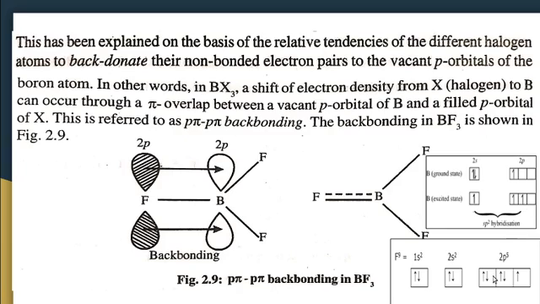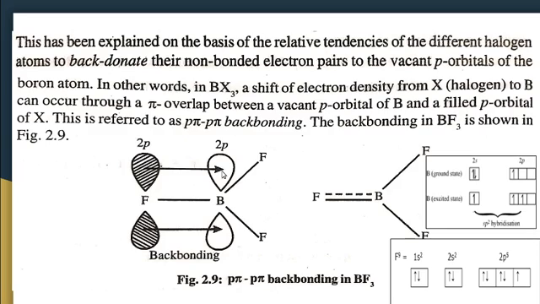So in BF3, the non-bonded electrons present in the p orbitals of the fluorine atom can donate to the vacant p orbital of boron through p-pi back bonding.